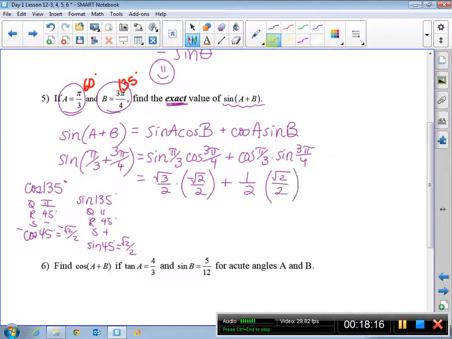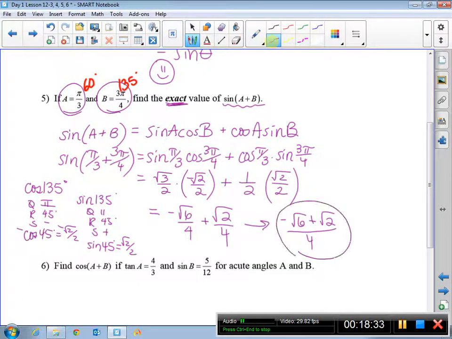Just have to watch out for those negative ones. Know what quadrant you're in. So we have negative square root of 6 over 4 plus square root of 2 over 4, and putting them together over 4, negative square root of 6 plus square root of 2. Again, we can't combine those. They are not like.